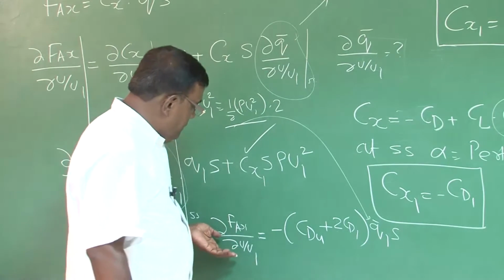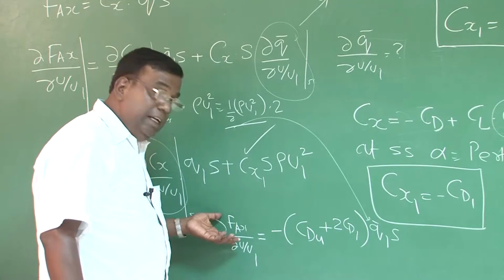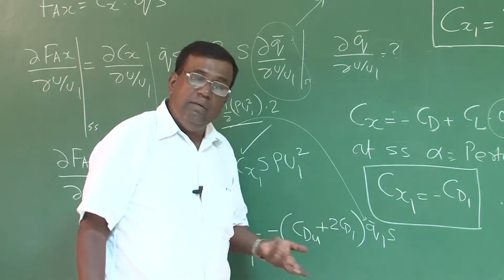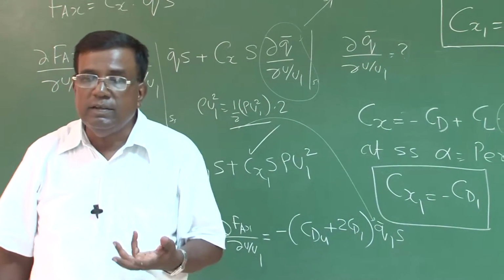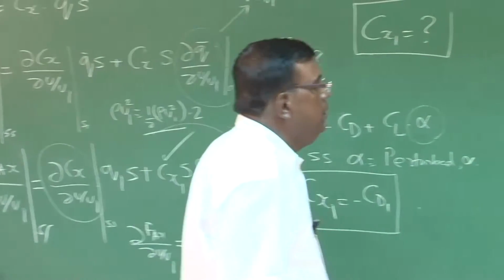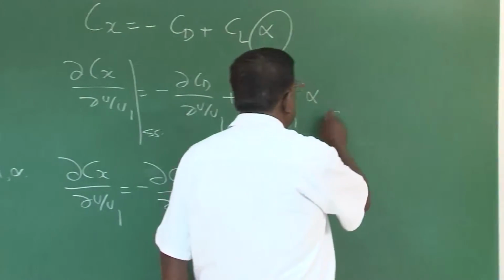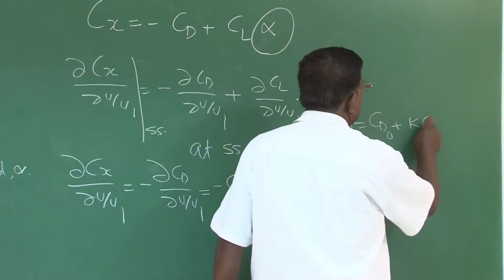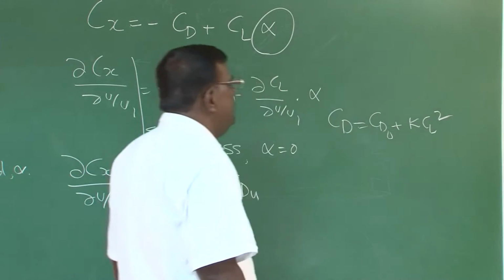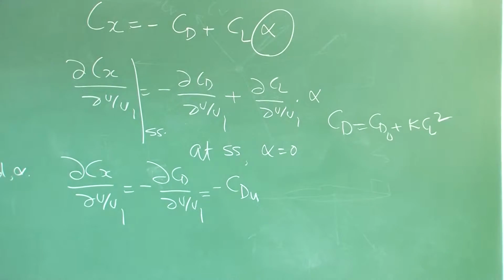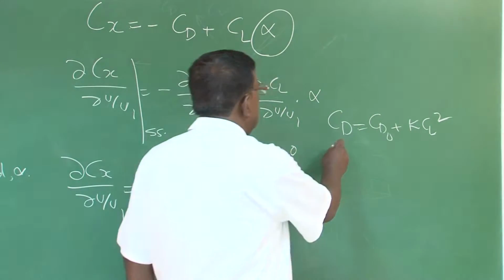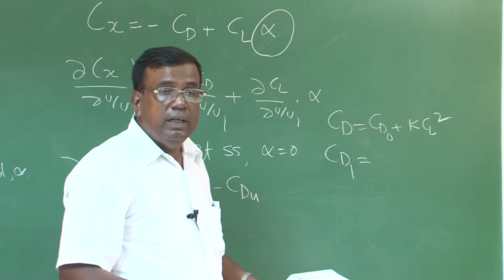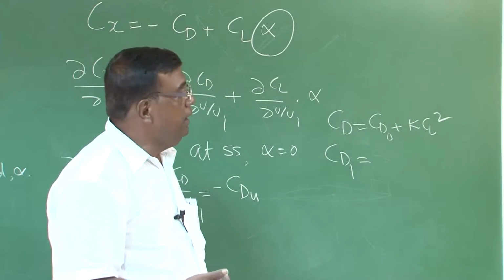So we have seen primarily that this derivative can be evaluated if I know the value of CD1. What is the value of CD1 means what? For an aircraft, CD is CD naught plus KCL square. Let's say I'm talking about a low subsonic airplane. CD1 is the value of CD at steady state, and the steady state being considered here is a cruise.